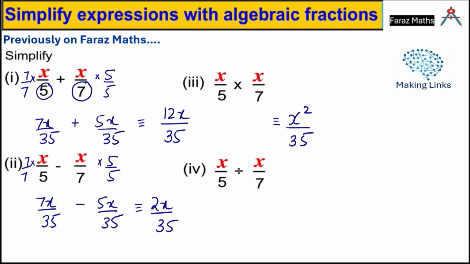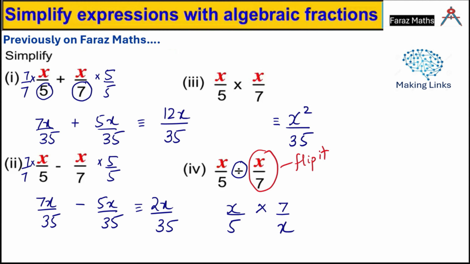The last one, x over 5 divided by x over 7. Whenever we have a divide sign between the two fractions, you have to flip the second fraction. If we flip it, what will it become? x over 5, then you change the divide sign into multiply and flip it.